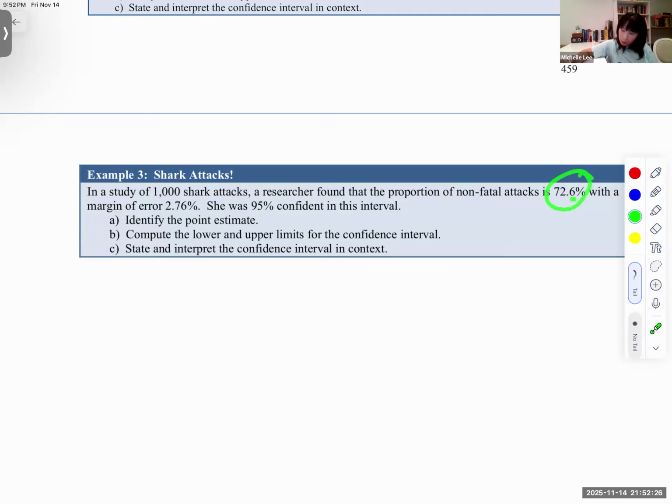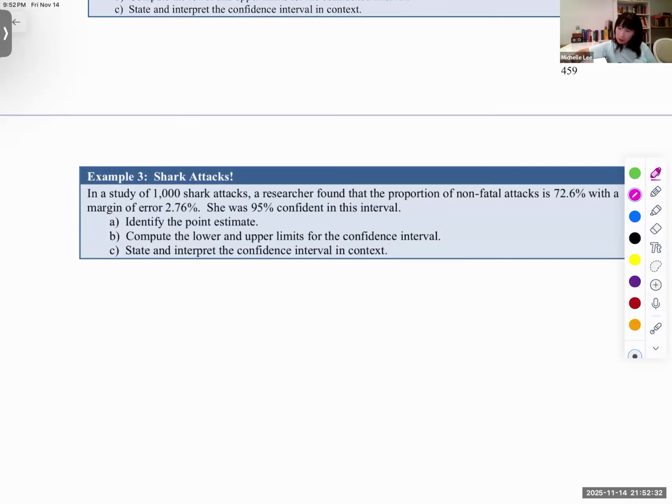First one, 72.6%, so it's a percent. We want to make it a decimal, a single number, so multiply by 0.01 or divide by 100. That means move the decimal point to the left twice, the Beyonce method, as we talked about before.